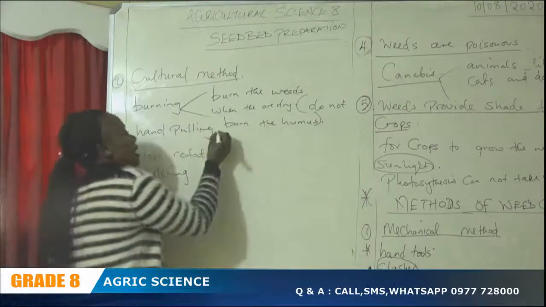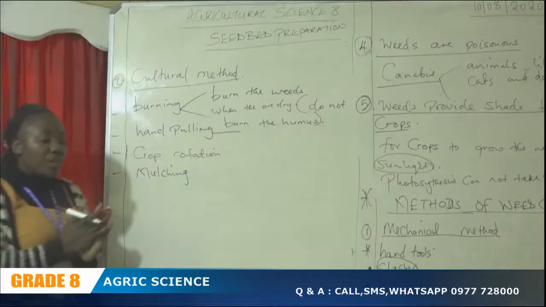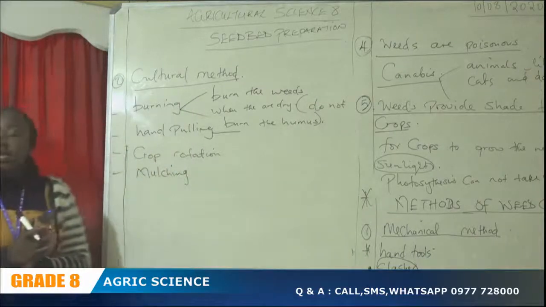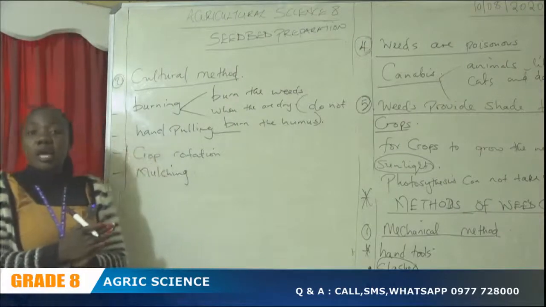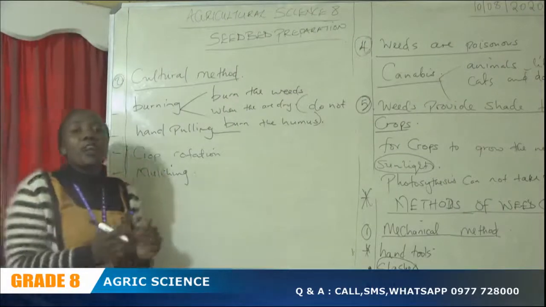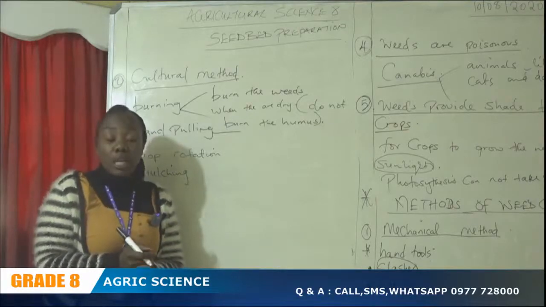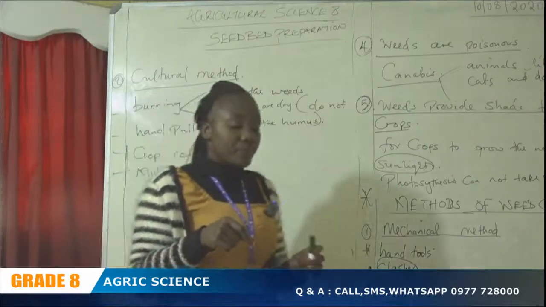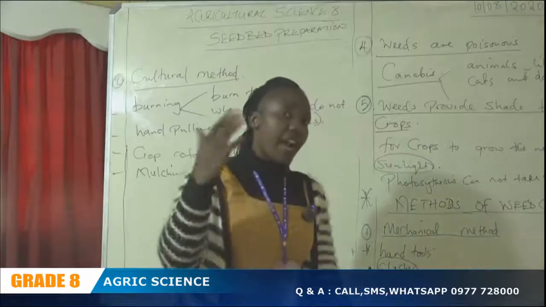So let's go to the second one. The second one is hand pulling. Most of us who have got gardens that are not big, like subsistence farmers, those who only grow food for their families, because the piece of land is not big, if the weeds are still small, they'll go in the garden and start pulling out the weeds using their hands.